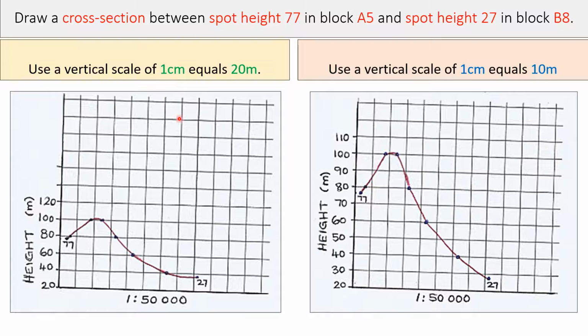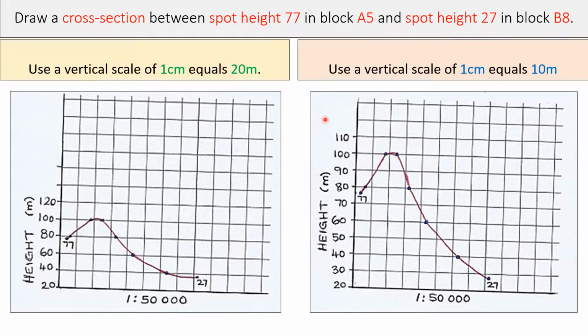In the first instance, we used a vertical scale of 1 centimeter equals 20 meters, and the second cross section shows a vertical scale of 1 centimeter equals 10 meters.